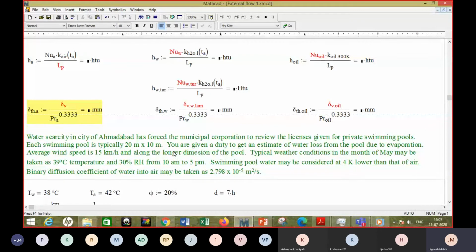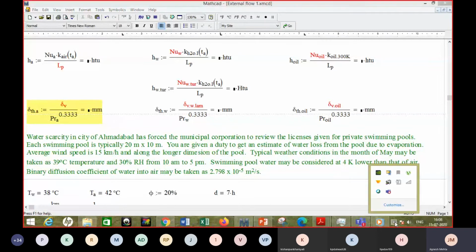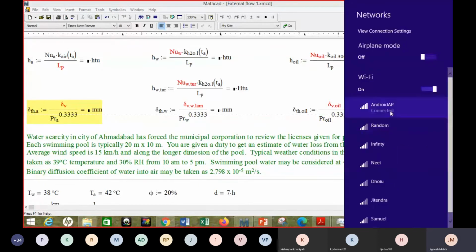Yes, so I hope you have been able to understand a bit from this example. Basically, this is a problem related to convective mass transfer.